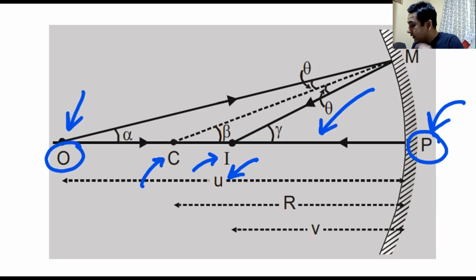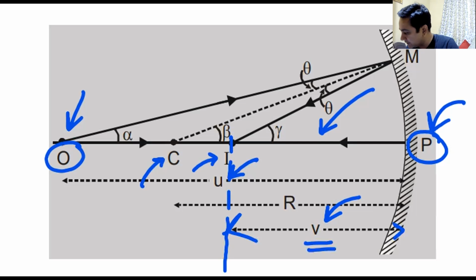Since we know U, then we know V. First comes U, then comes V. V, not W, it is V. What does V stand for here? Why will I call focal length V? Our focal length does not start from V. V is the distance of the image from the pole P of the mirror.